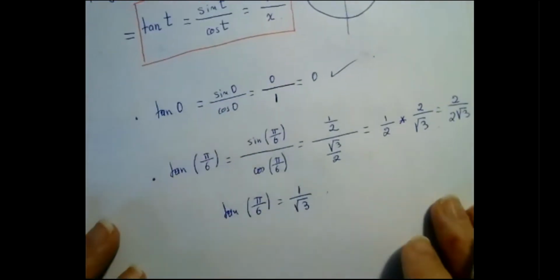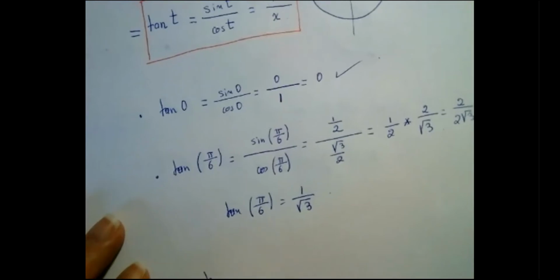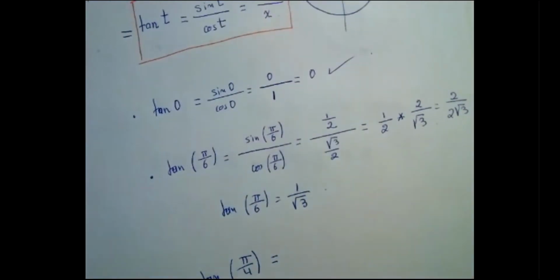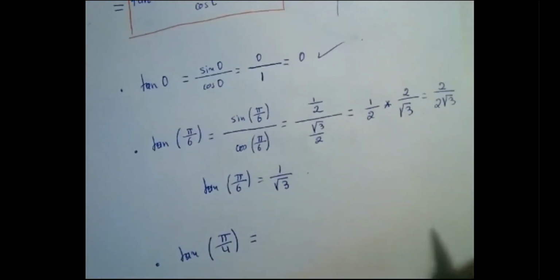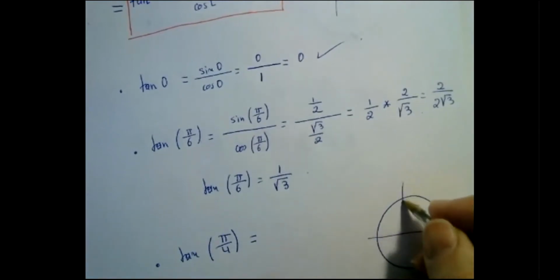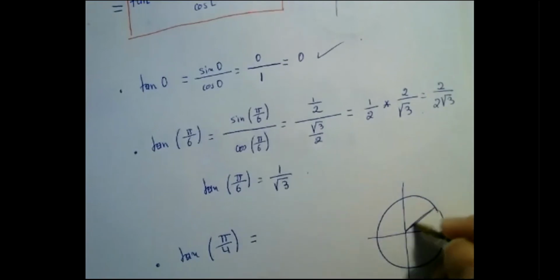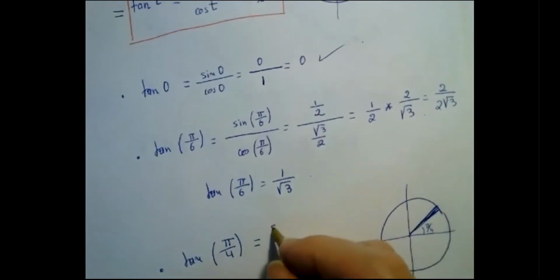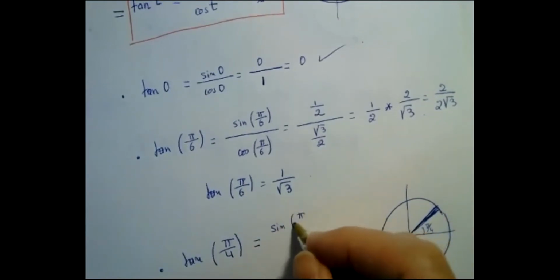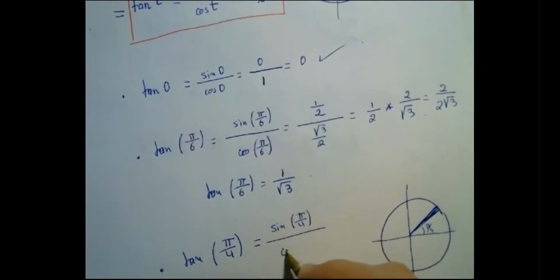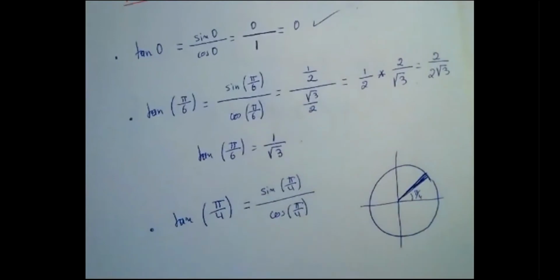Okay, so this is really what the tangent is. Let's see one more, and this one is good because it usually is easy. What's the tangent of pi over 4? Remember, the tangent means you're taking the unit circle, taking the angle pi over 4, and finding the sine over the cosine. What is this equal to quickly?